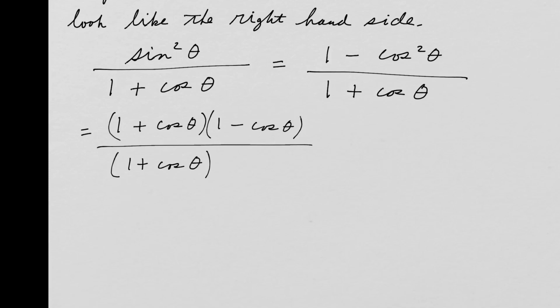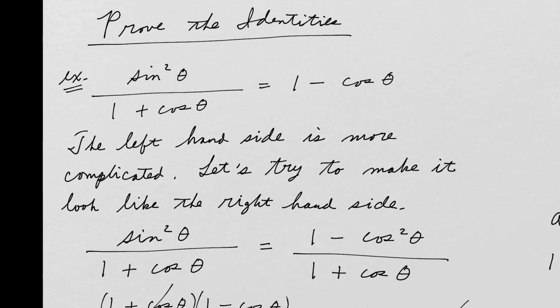I can cancel the 1 plus cosine theta over 1 plus cosine theta. That's just 1. So I can cancel those. And what am I left with? I'm left with 1 minus cosine theta. And that's what we wanted to prove, right? That was exactly what we had. If you go back to the original question, that was on the right-hand side. So since the left-hand side is really equal to the right-hand side, I've proved that identity.